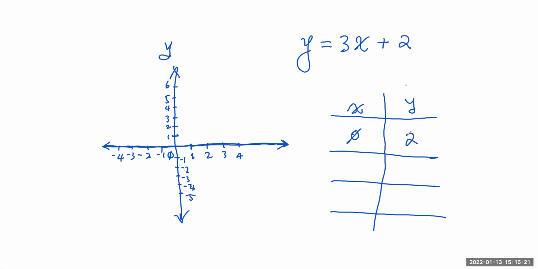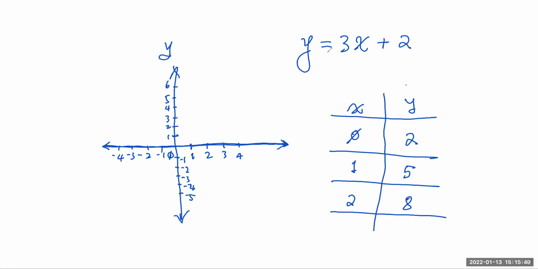Yep, it's 2. x is 1. Well, 3 times 1 is 3, but there's 2 here. So that's 5. Now what happens when x is 2? Okay, so x is 2. 8. Very good. It's 8.